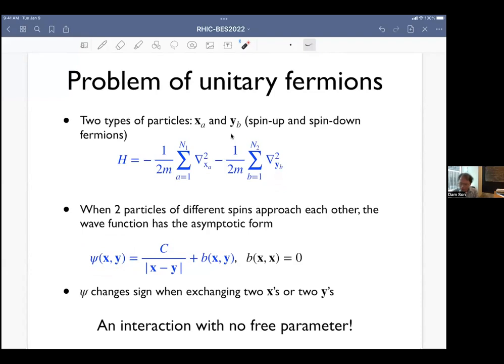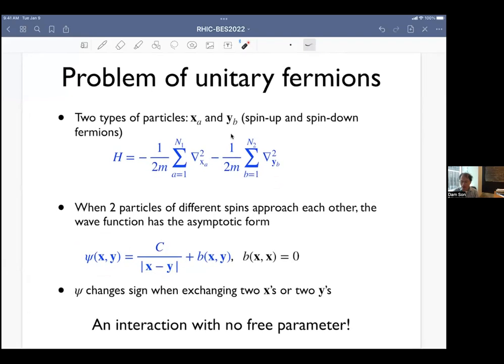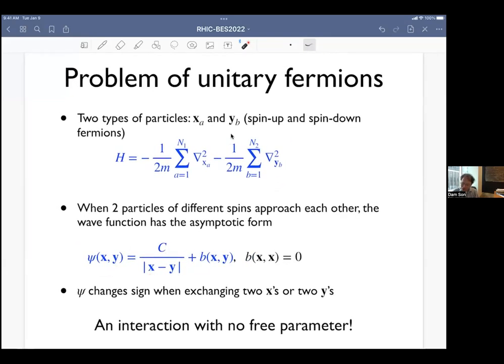And we say that whenever two particles with opposite spin approach each other, the wave function behaves in such a way that it is a singular function proportional to the inverse of the distance between these two selected particles, plus a regular part that vanishes when the coordinates of these two particles approach each other. This turns out to be a well-defined mathematical problem, the problem of finding the eigenstates of this Hamiltonian on the class of wave functions that we have defined this way.